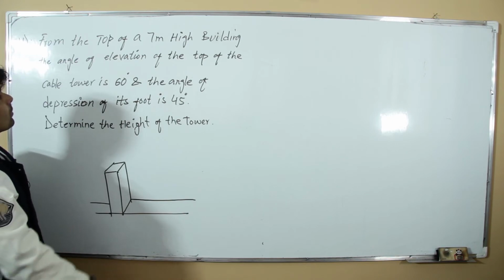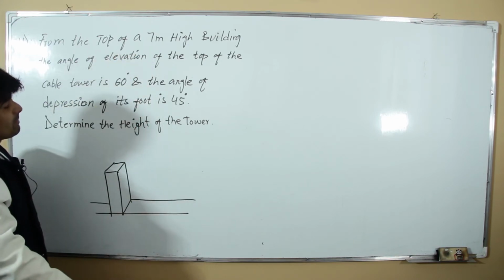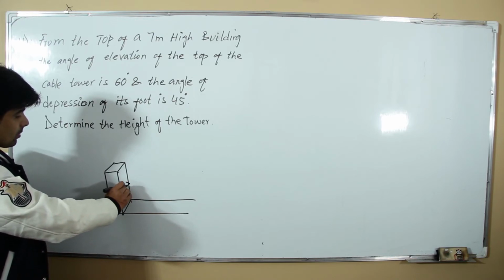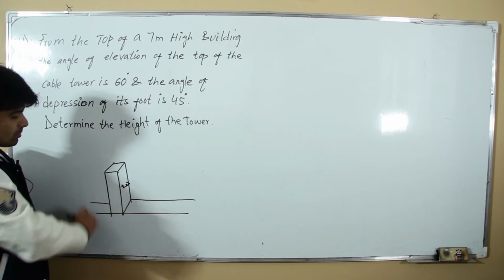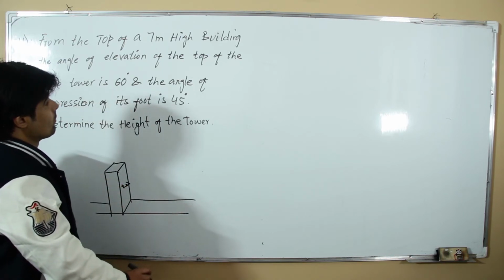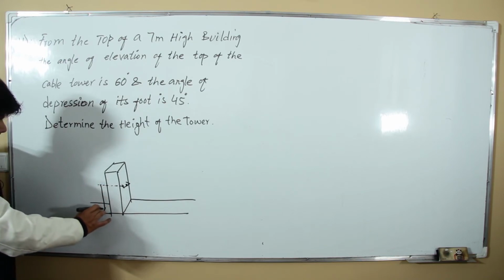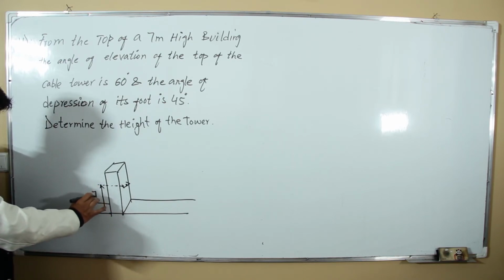Now, from the top of a 7-meter high building, it means we have a balcony here, and this one is a point someone is looking from. From which height? This height is 7 meters.